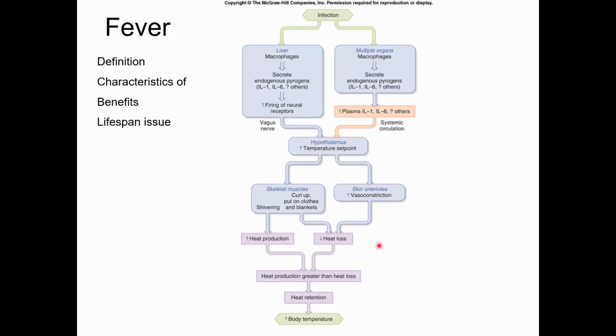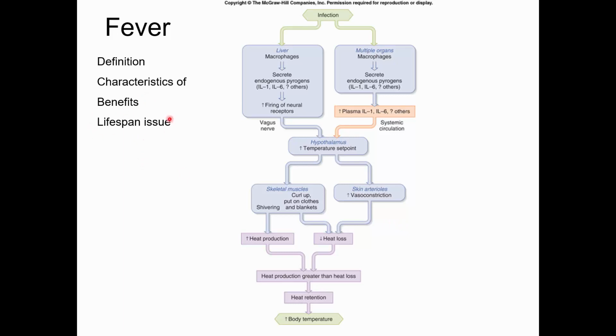You can do phagocytosis better. You can fight those little microbes better. Little bacteria need certain cofactors, magnesium and copper and things like that. If you heat up the body, then the bacteria would have to find more stuff to grow, and then they have a harder time surviving. So a low-grade fever can be a beneficial thing. If you have a really high fever, of course you want to treat that.